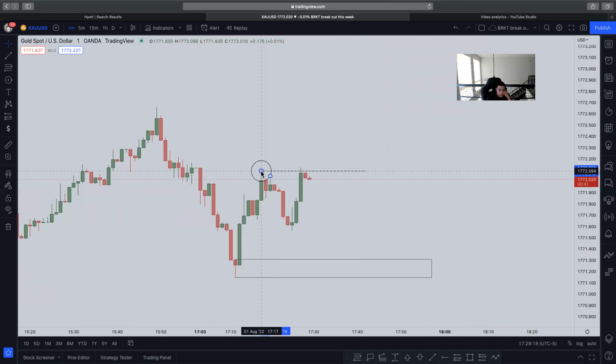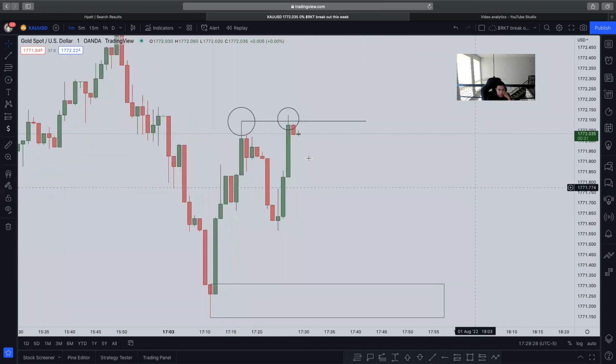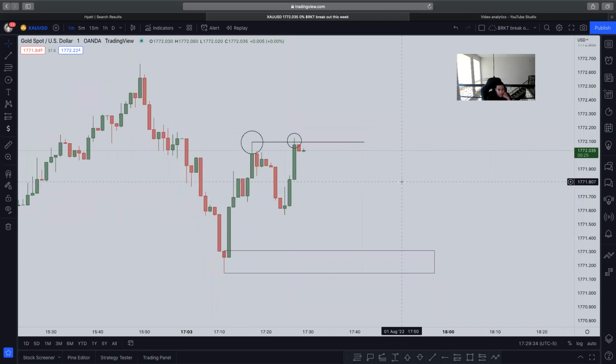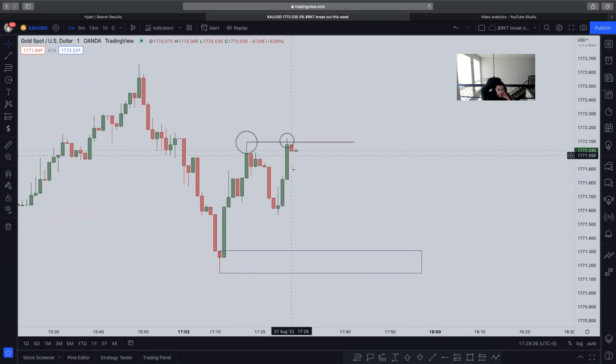And then we see price did what? We rejected that, right? So price grabbed that small liquidity. And now I'm expecting price to correct this impulse move. Okay, so I'm expecting price to move lower right here.